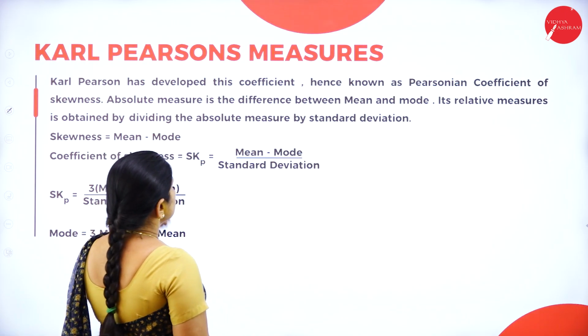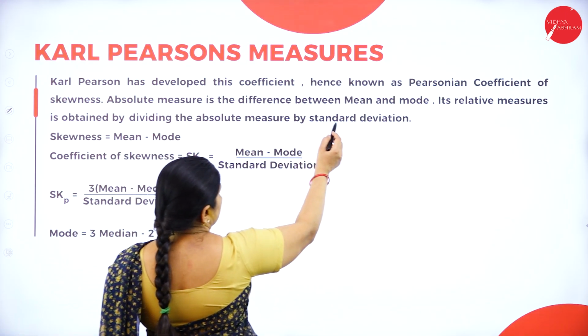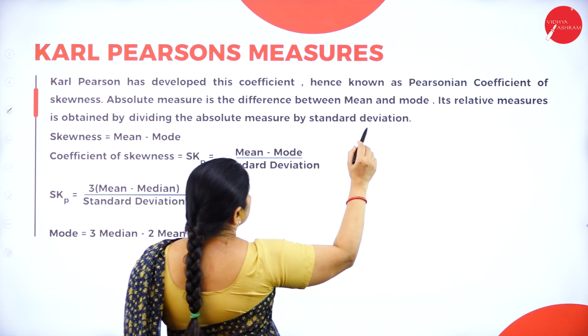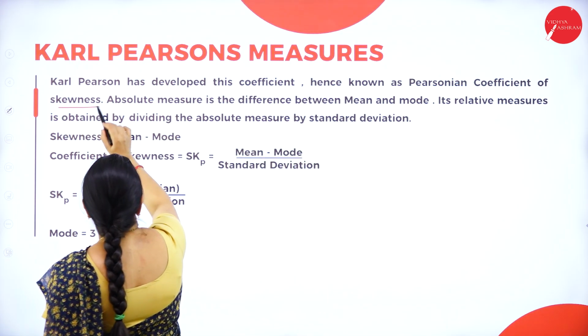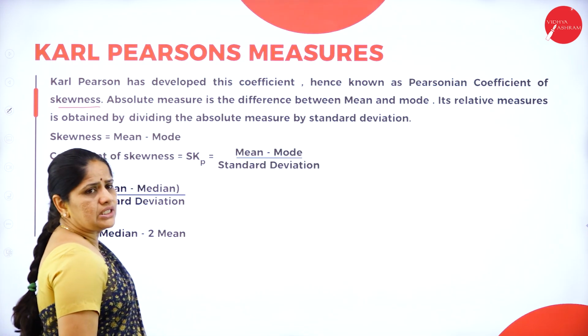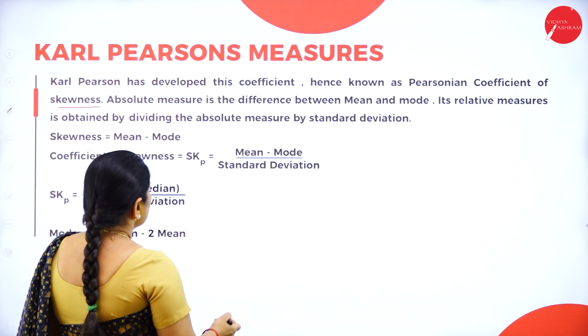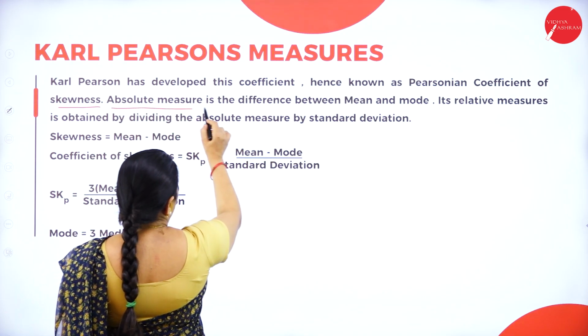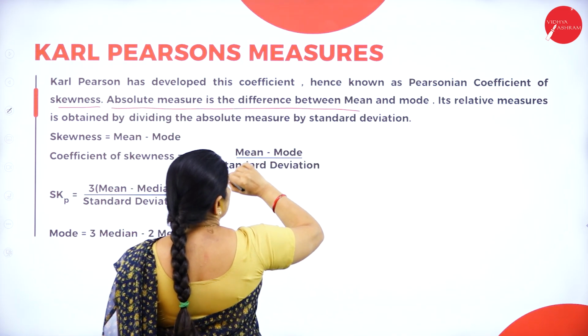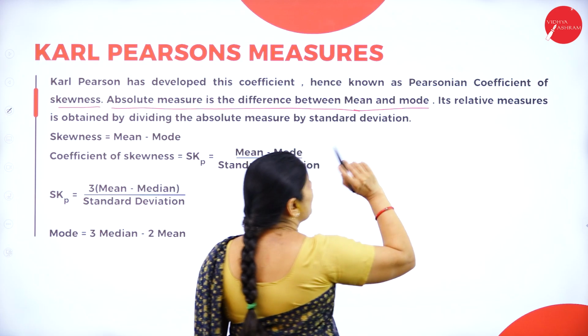Karl Pearson developed this coefficient and hence it is known as the Pearsonian coefficient of skewness. The absolute measure is the difference between the mean and the mode.